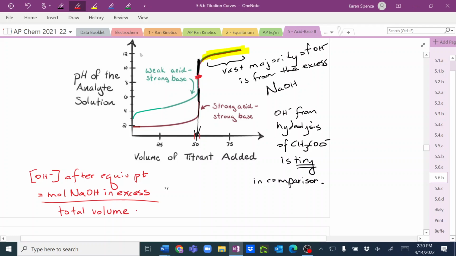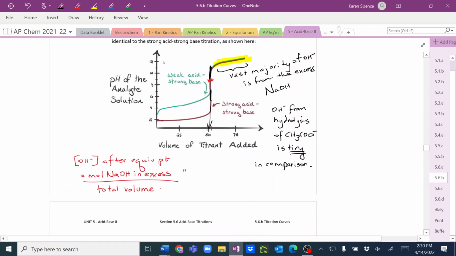That's very much like how we did those mixtures of strong acids and strong bases, where we asked what the pH is after we mix the two, and you calculated how many moles were in excess. That calculation would be the same, because at that point you can ignore the fact that once upon a time there was a weak acid there, but we've now neutralized it all. And the weak base that we produce, we don't really care about, because it's not producing a significant quantity of hydroxide. Yes? Cool. All right.